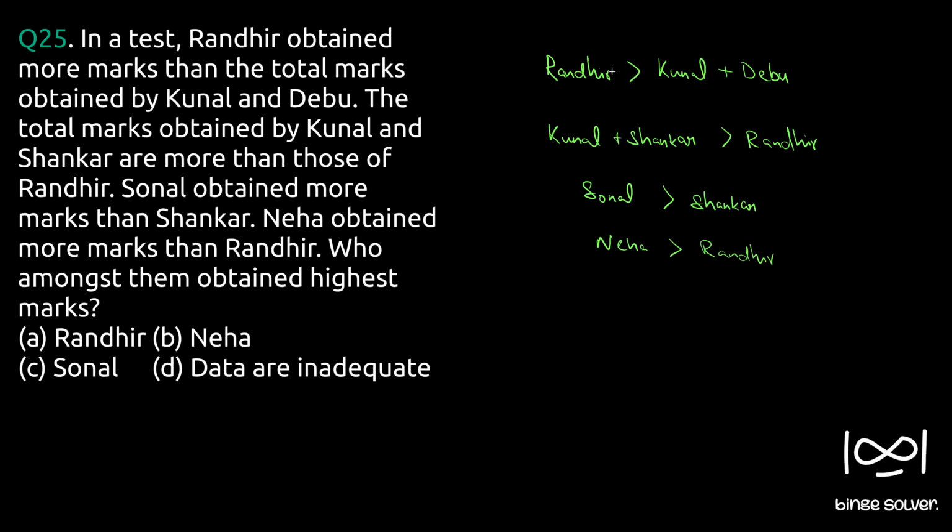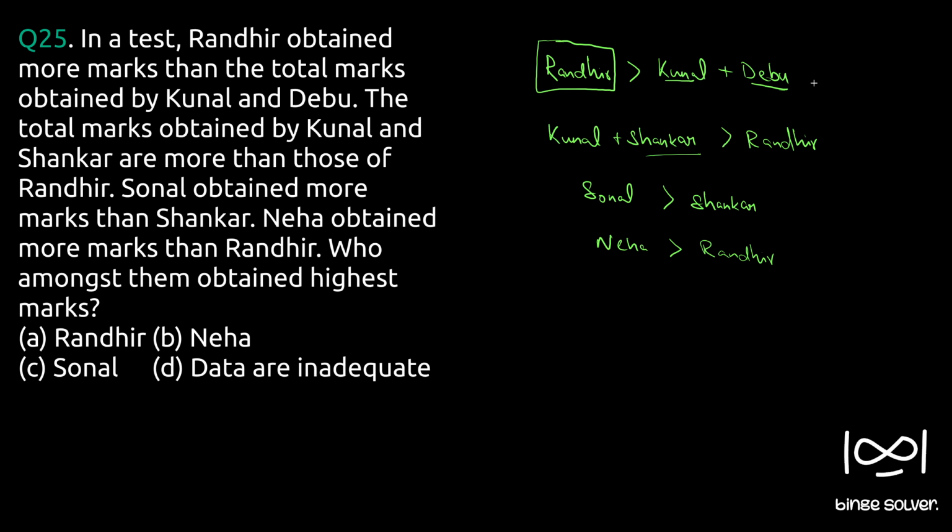From the first information, as you can see, Randhir is greater than Kunal plus Debu. So out of these three people, Randhir is the highest. But when you replace Debu with Shankar, Kunal plus Shankar is greater than Randhir.